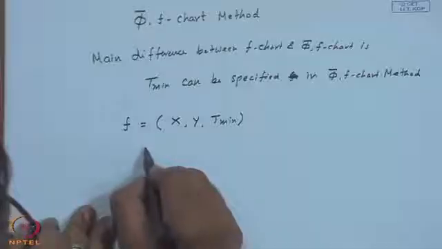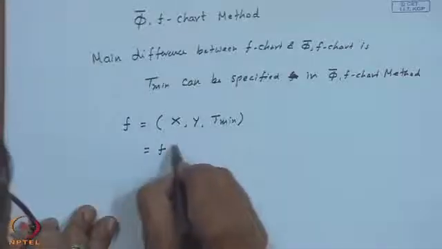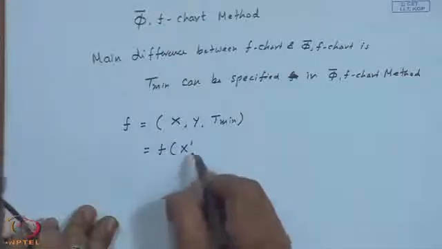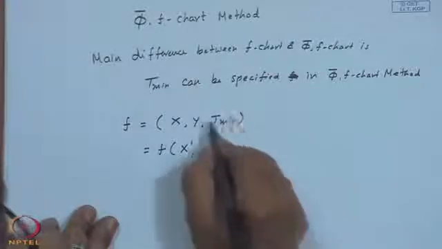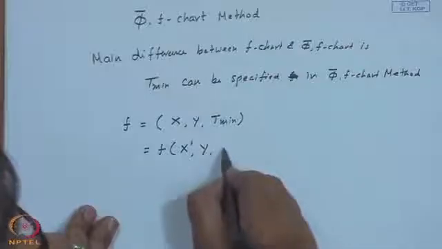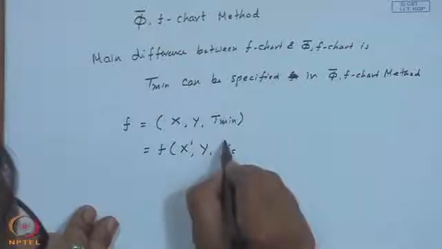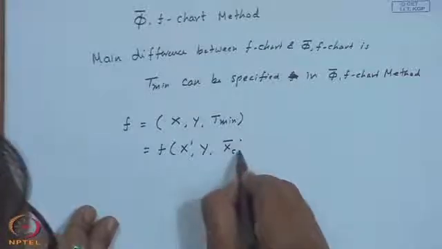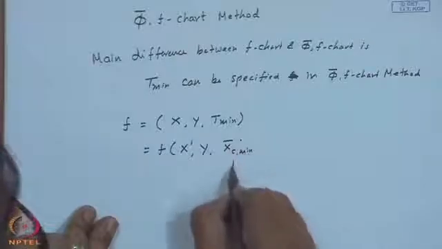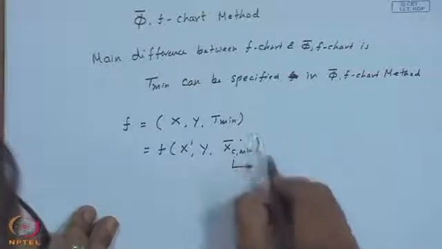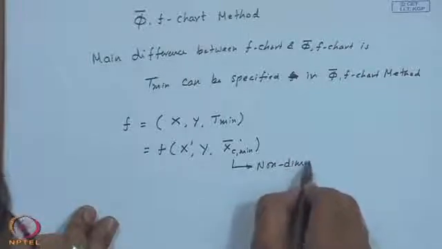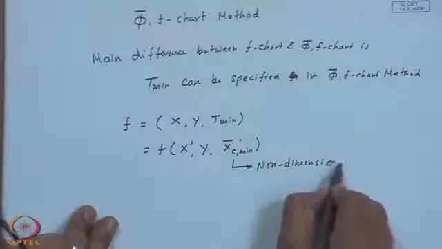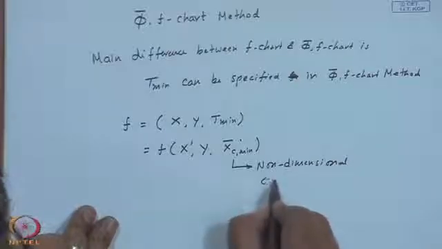So, this is slightly modified and it is related to some x dash, a modified x, and the same y, and this will give rise to what is called an x c bar minimum, which is a non-dimensional critical level.